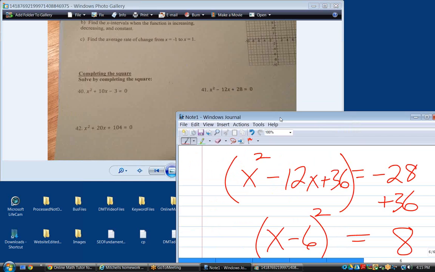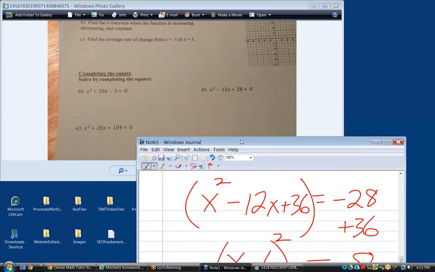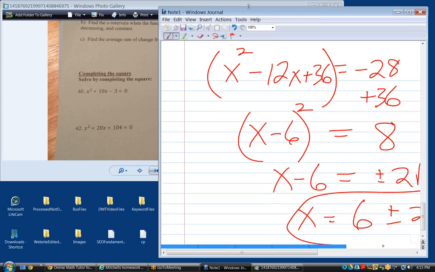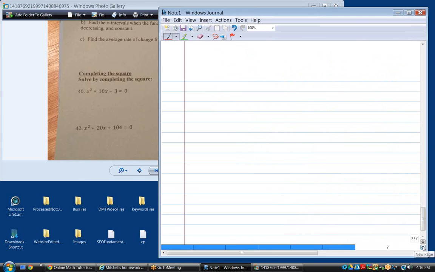You need to do 42. Yeah. Okay. First line. So x squared plus 20x equals negative 104.